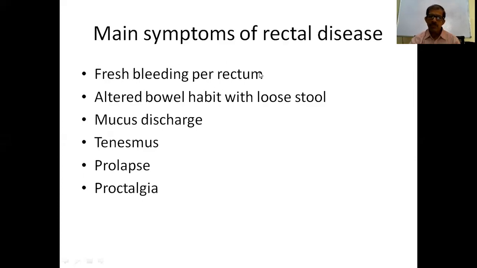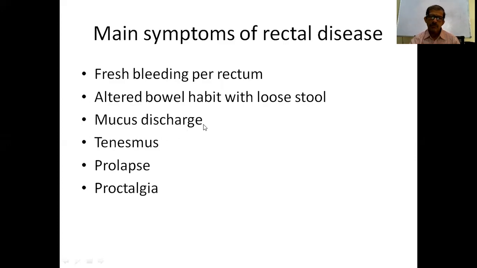Even in carcinoma, this is the commonest symptom, bleeding per rectum, just like hematuria in the kidney. Another thing, just like colon, is altered bowel habits. Sometimes constipation, sometimes diarrhea. This is the next important symptom.